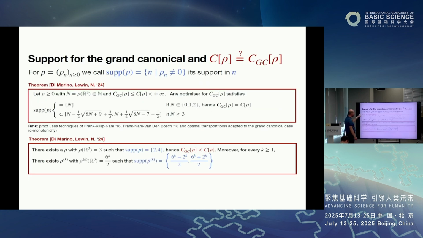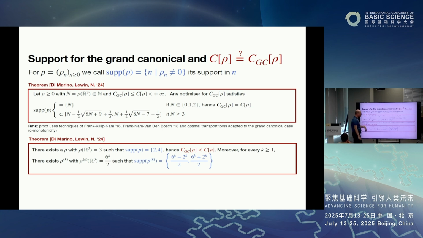And so if we go back to our classical case, the idea is that now we want to study the support of the optimal collection of P_n. The support is just the set of n such that we activate P_n, and we want all the other P_n equal to 0, meaning that we have probability 0 of finding n particles in our system.